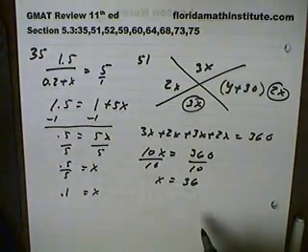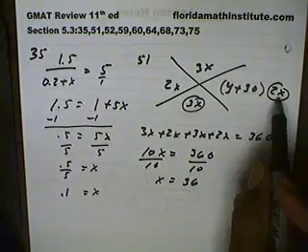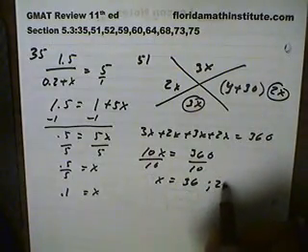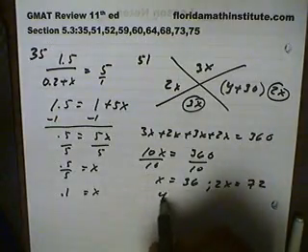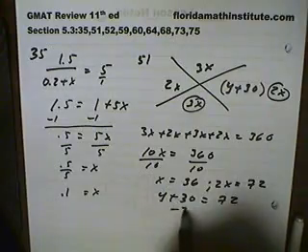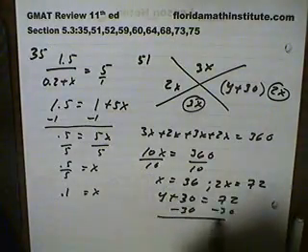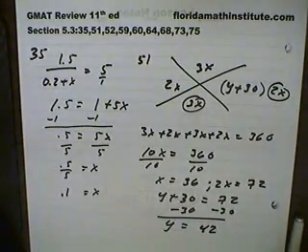Well, if x equals 36 and the y plus 30 is the same thing as 2x, 2x will be 72. That means that y plus 30 will be 72. And we subtract 30 from both sides, and we end up with y equals 42.